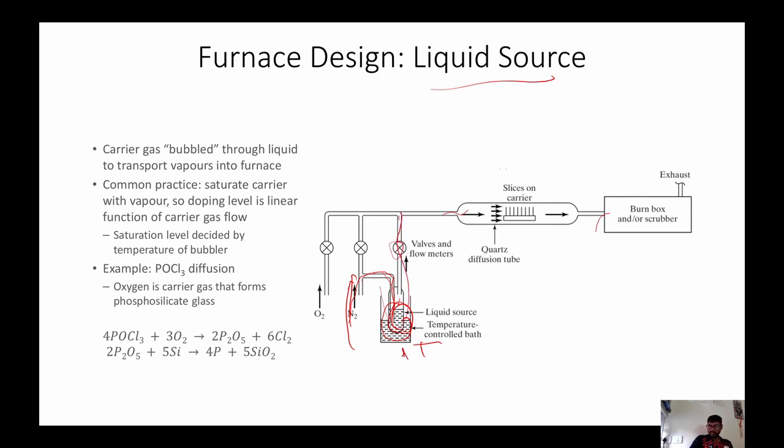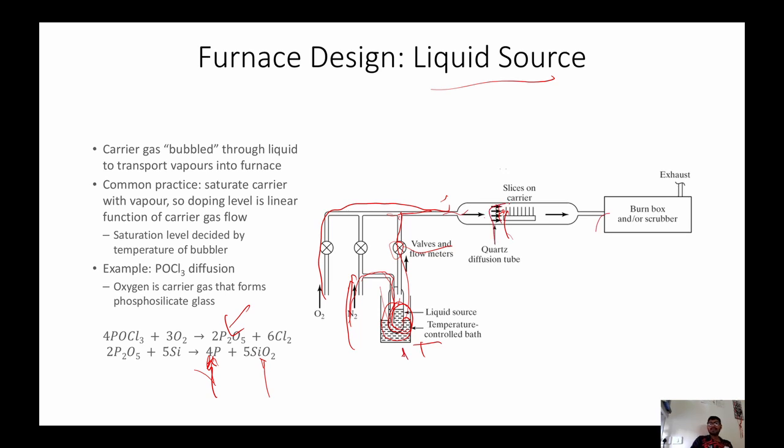Okay, we open this valve, this POCl3 will be there, and oxygen is also coming, that will form P2O5. That P2O5 will be deposited over the silicon, and that will form P and SiO2. This phosphorus will diffuse inside the silicon.